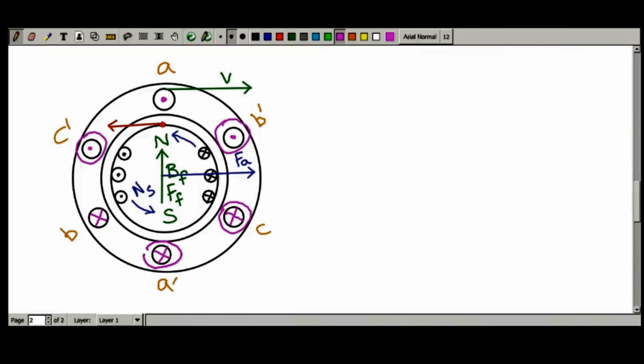That the leakage flux is linking the armature conductors only. So these will be termed as armature leakage flux. So armature leakage flux are linking only the armature conductors.